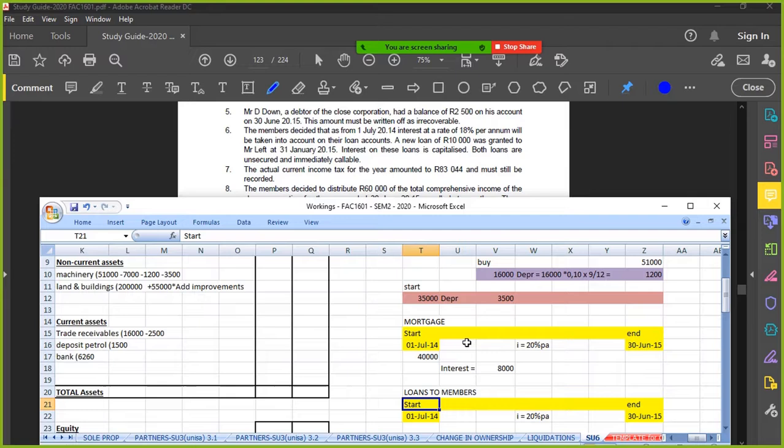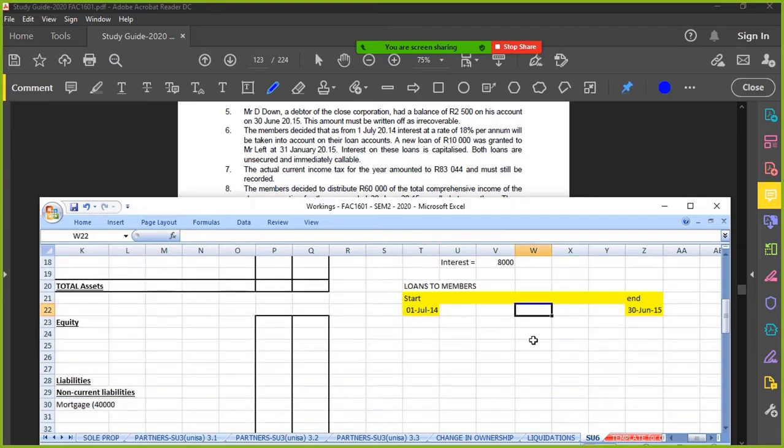Right, you were saying, what did you do with this? I debited interest on loans and credited loans. Okay, let's think about this. If it's a loan to, is it an asset or liability? It's an asset. Right, so you're not going to credit an asset, you would debit the asset if you're going to add more interest to the loan. All right, so let's read it.